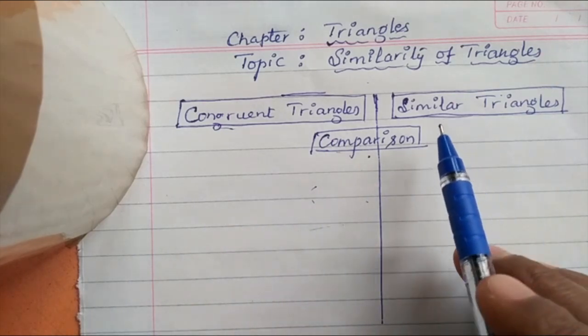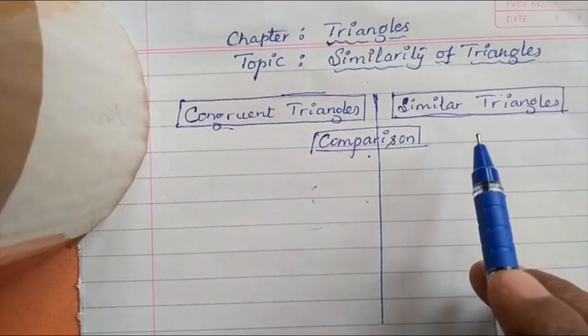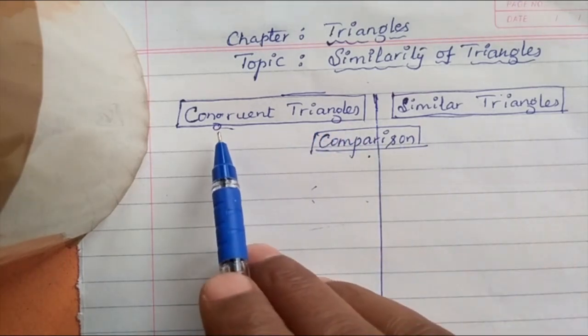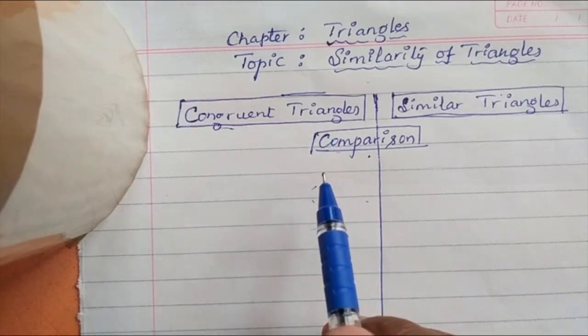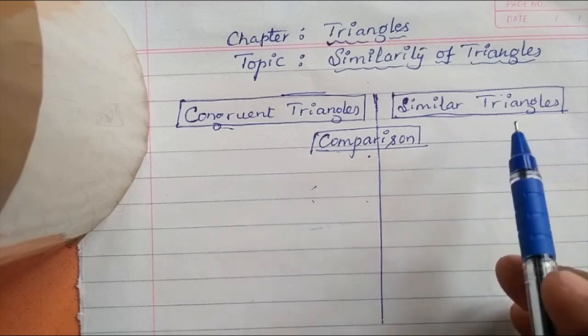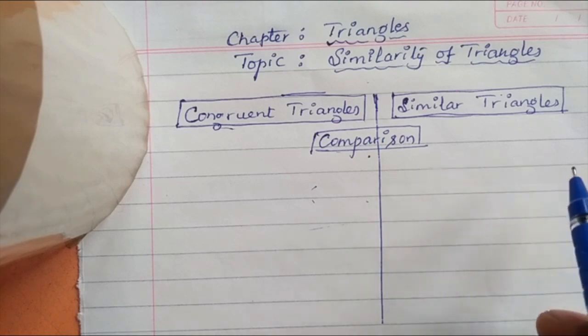Similarly, in similarity of triangles also, the concept we follow in congruent triangles, almost we follow here also. In congruent triangles, we take two triangles and we prove whether those two triangles are congruent or not. Similarly, here also we take two triangles and we prove whether those two triangles are similar or not.